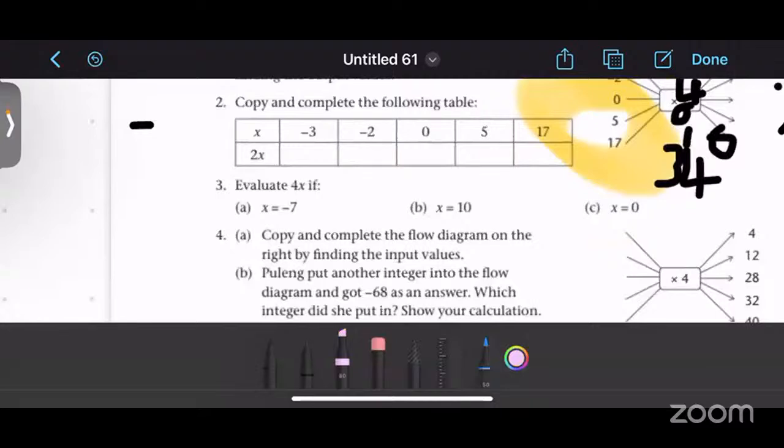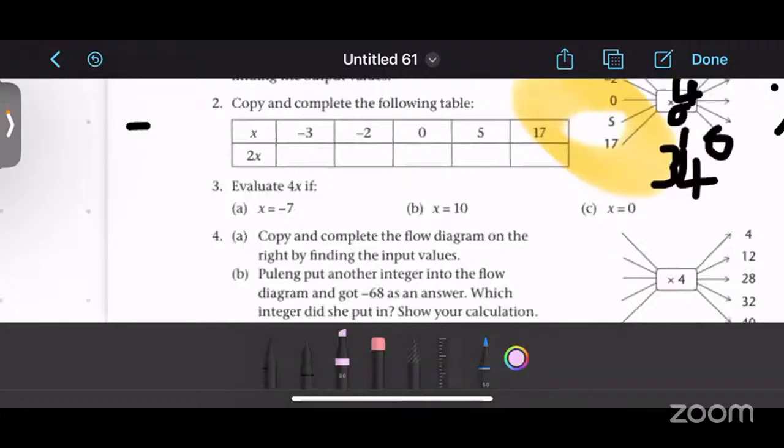Let's see. We are evaluating. So they say evaluate 4x, and then they say x is equal to -7. When x is equal to -7, they want to know what's going to be the value of 4x. 4 multiplied by -7, right?